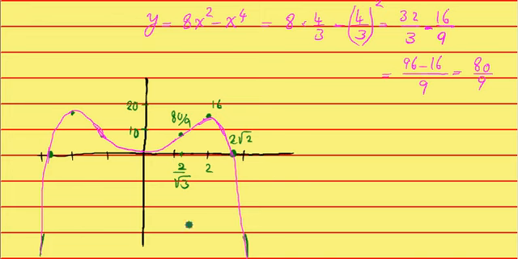I forgot to mention that we of course had the minimum at this point. So these were the important points. Components of our picture are all labeled here. Okay, and that finishes up this problem.